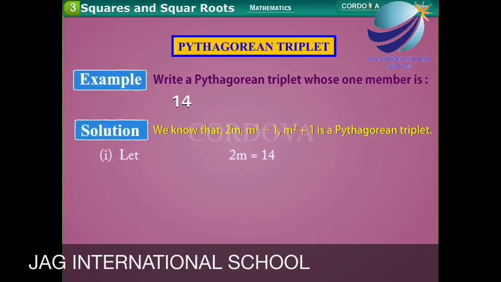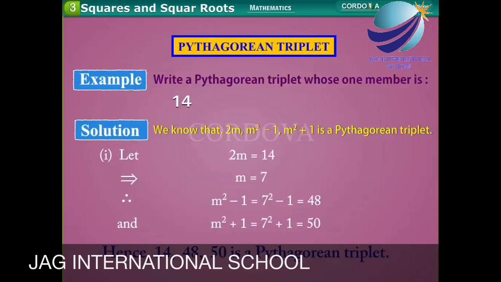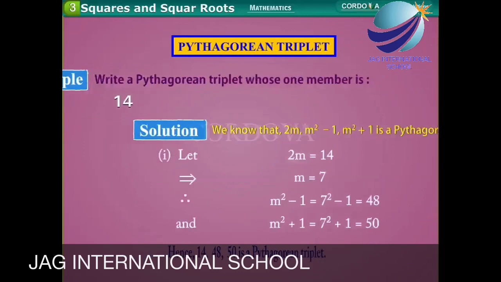Let 2m equal 14. This implies m is equal to 7. Therefore, m squared minus 1 is equal to 7 squared minus 1, which is equal to 48. And m squared plus 1 is equal to 7 squared plus 1, which is equal to 50. Hence, 14, 48, 50 is a Pythagorean triplet.